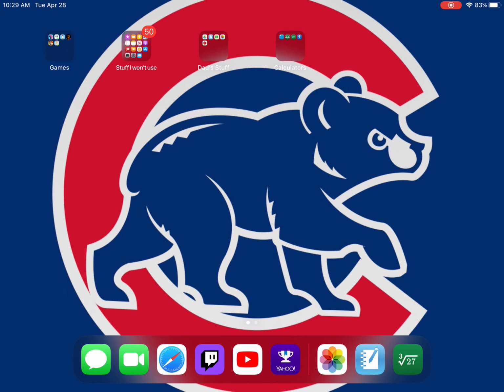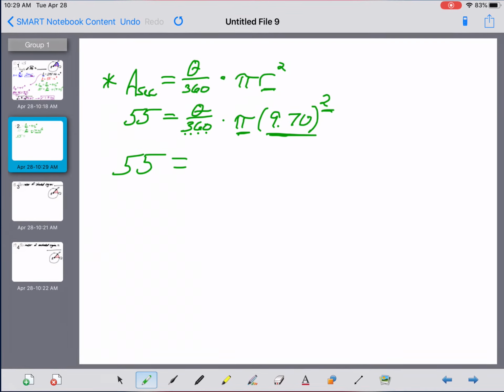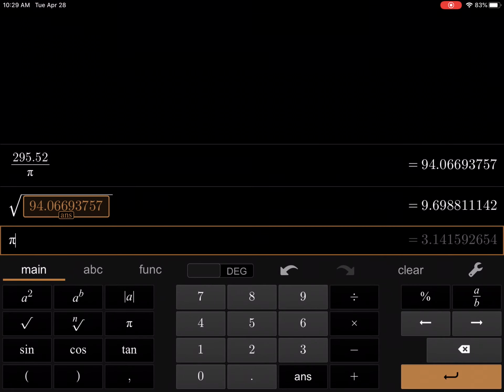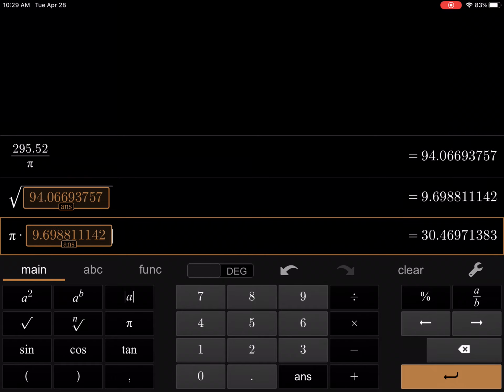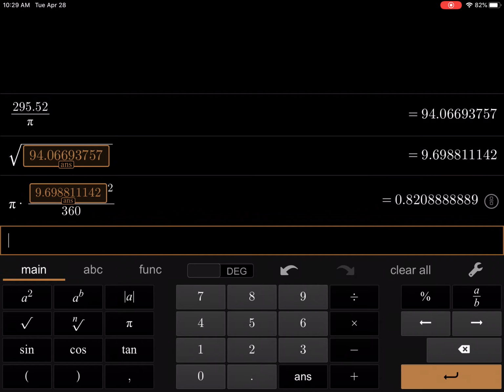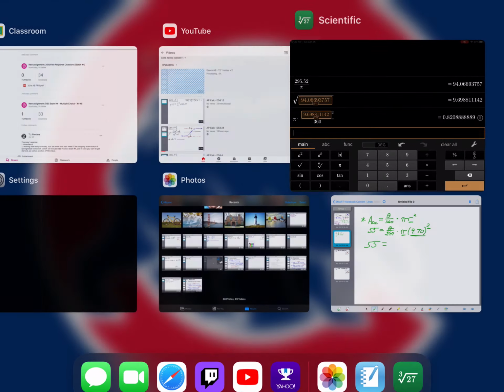Pi multiplied by my radius, which is my previous answer squared. So there's the pi r squared, and I'm going to divide that by the 360 that was on the bottom of that fraction. And that gets me 0.82 for a decimal there. That's going to be the coefficient of theta on that right side.